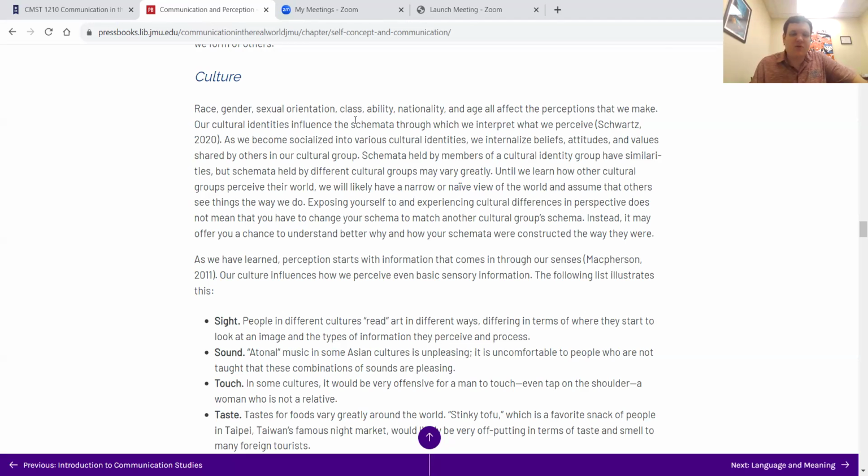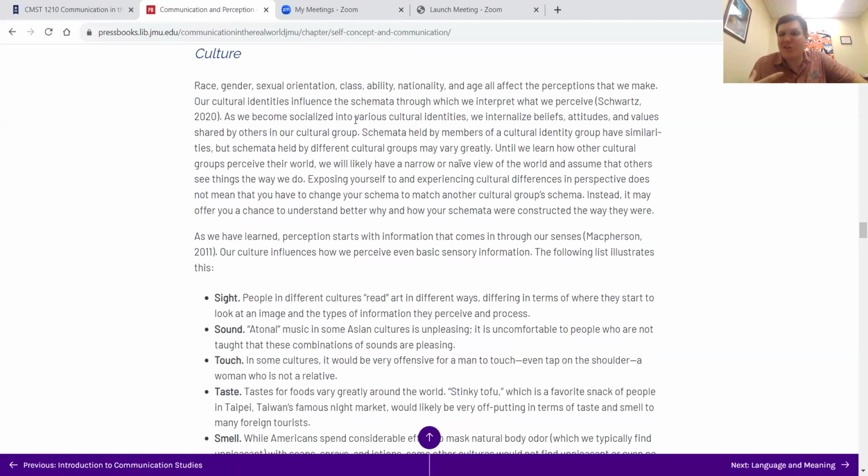I am a white man, so that's going to impact how I interpret things. People who may have different experiences than I do are going to interpret things differently than I do, based on the experiences we've had with communication, with culture, with community. And exposing ourselves to those cultural differences in perception may help us understand ourselves better.